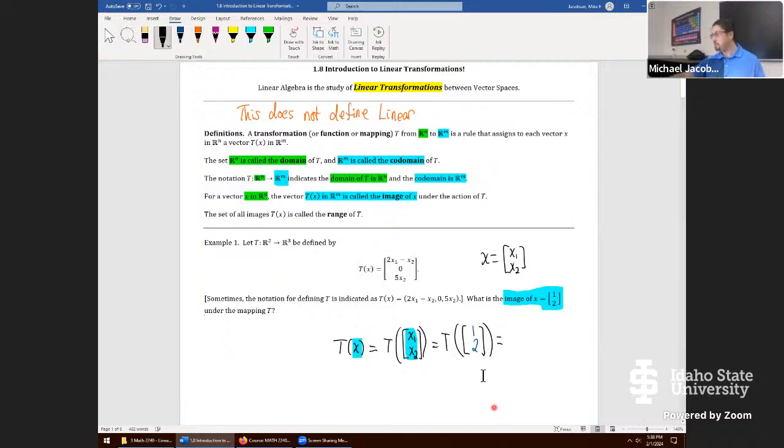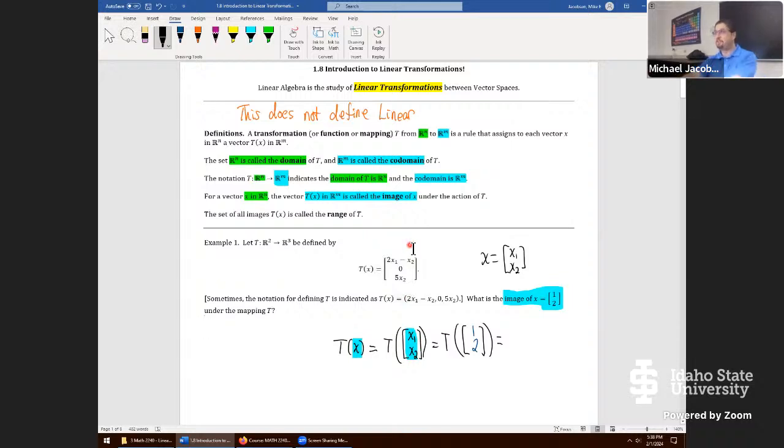Then our output after doing this evaluation, and notice the notation is clunky. This is the vector x, but in function notation, we use this to say T of that vector. But now that we have this, x1 is going to be the value 1, x2 is going to be the value 2. And we just plug them in to the corresponding positions.